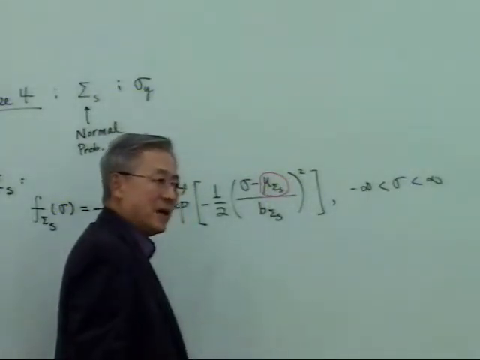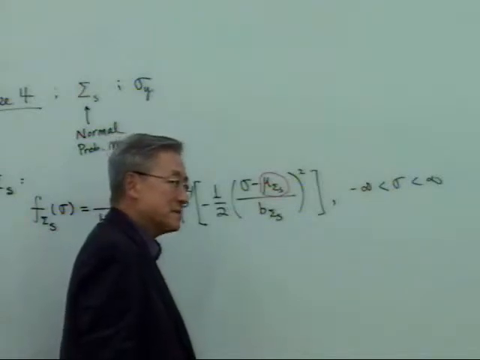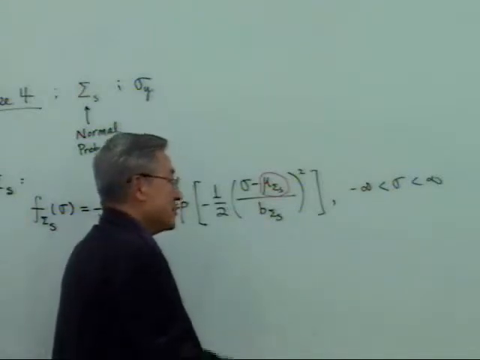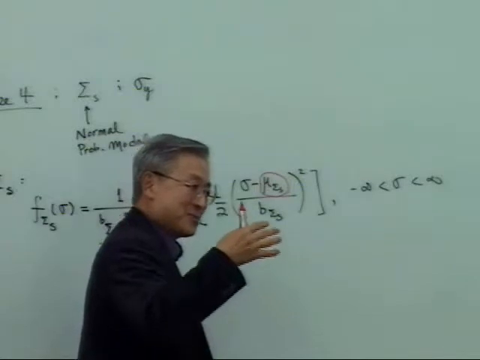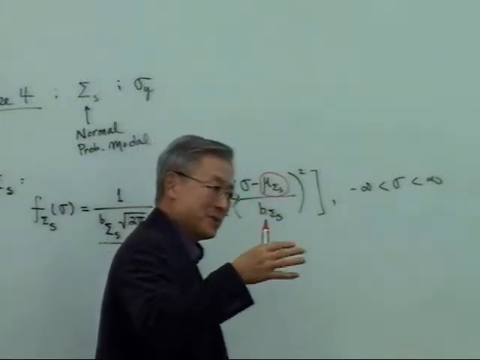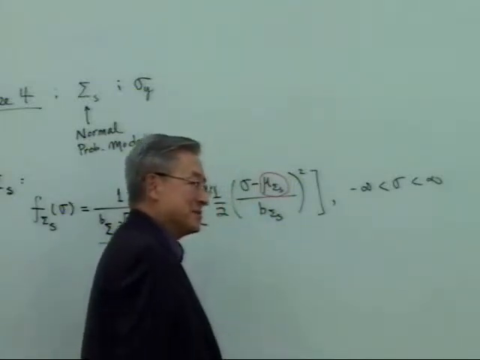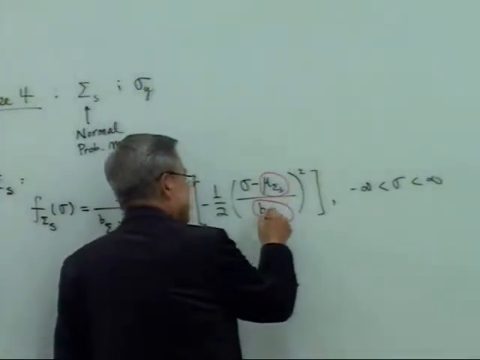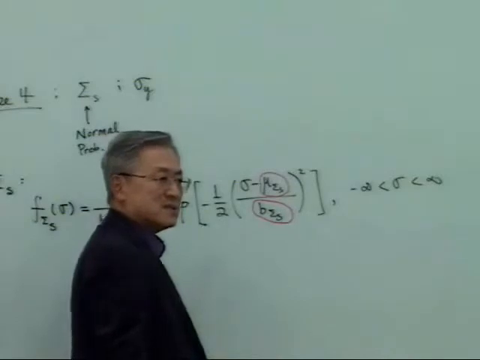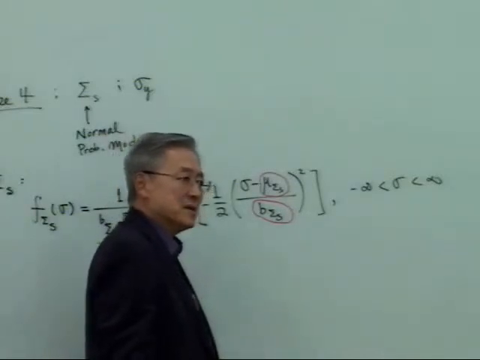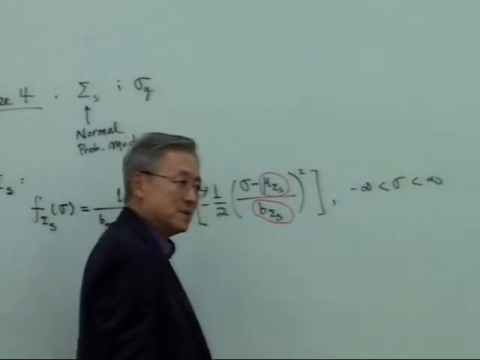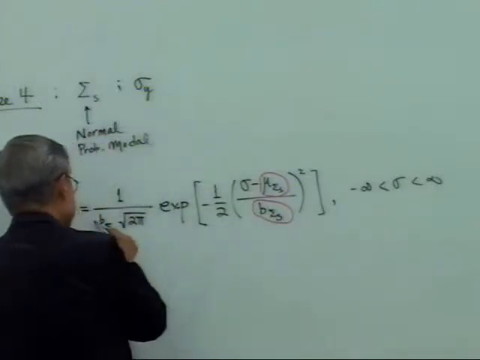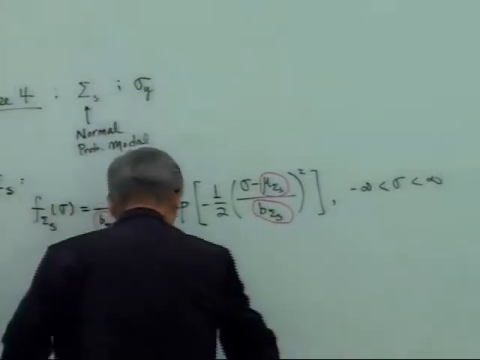Mean value of actual stress, right? I want to make sure you don't confuse normal and log normal. It's slightly confusing. And B is what? Standard deviation of actual stress. So this is the same thing as that.